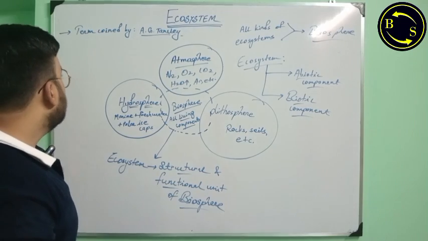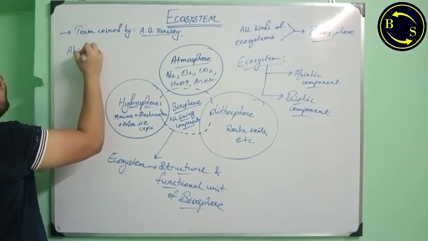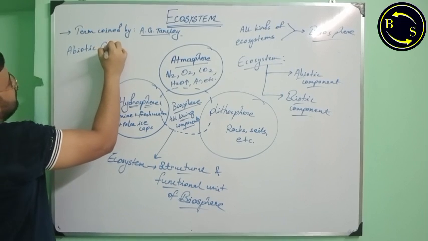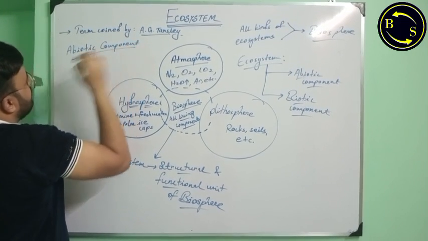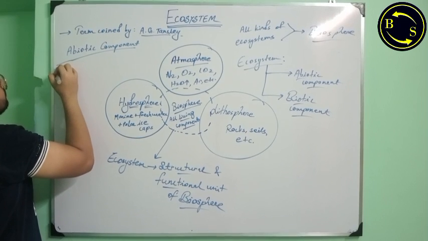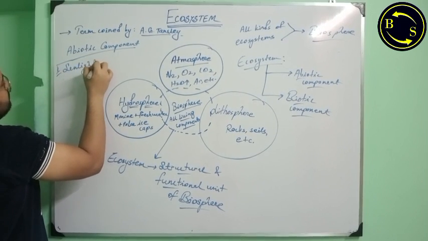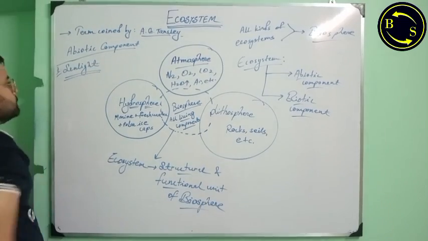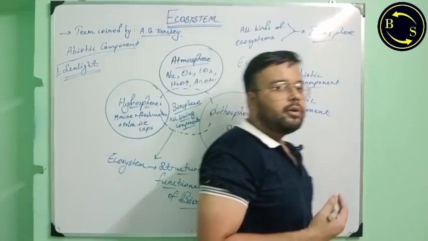So under abiotic component, we have sunlight. Sunlight is the most important abiotic component of our ecosystem.